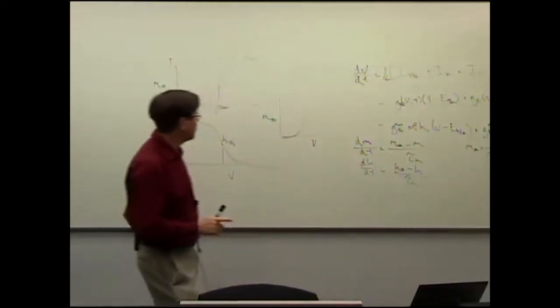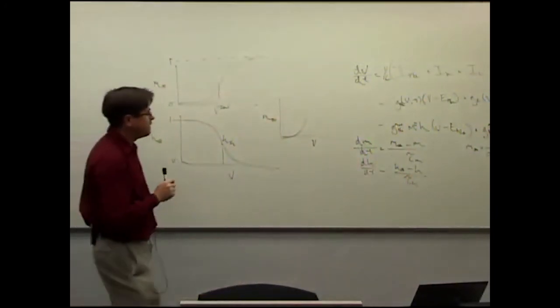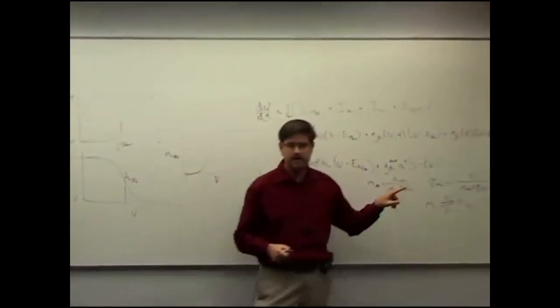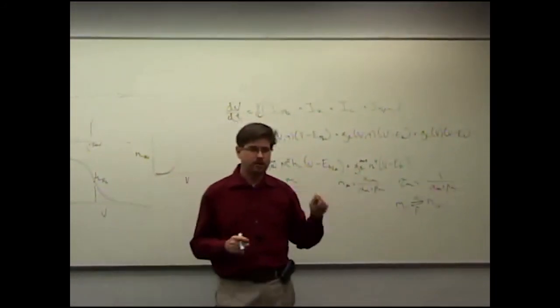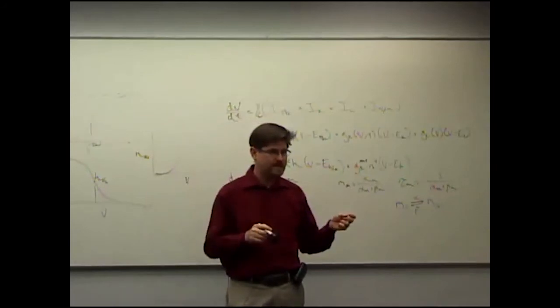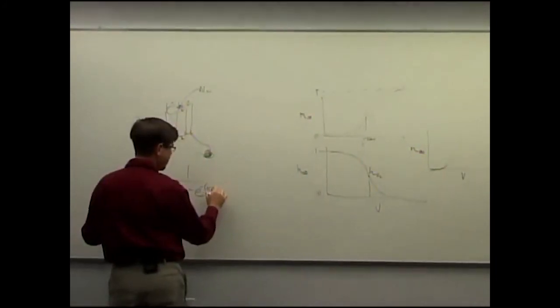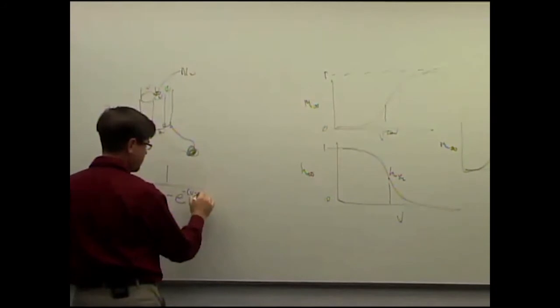One last thing I want to point out is if you look in the alpha and beta functions, there are values at which, you see something like 1 over 1 minus e to the negative v minus something like e1/2 or something like that.